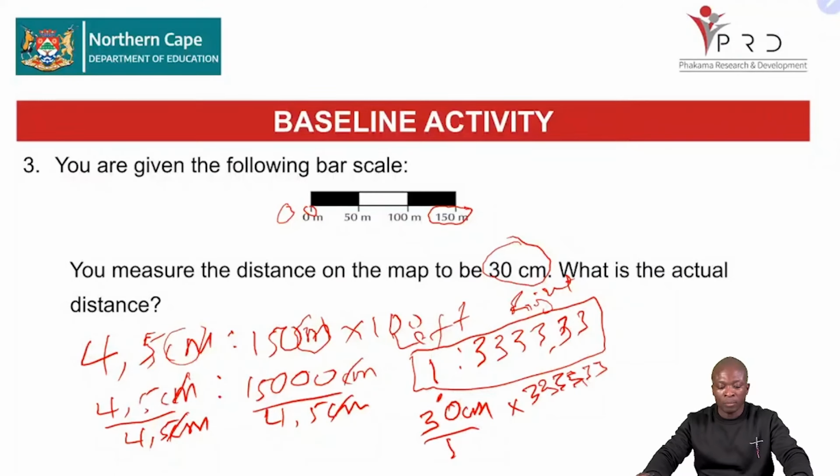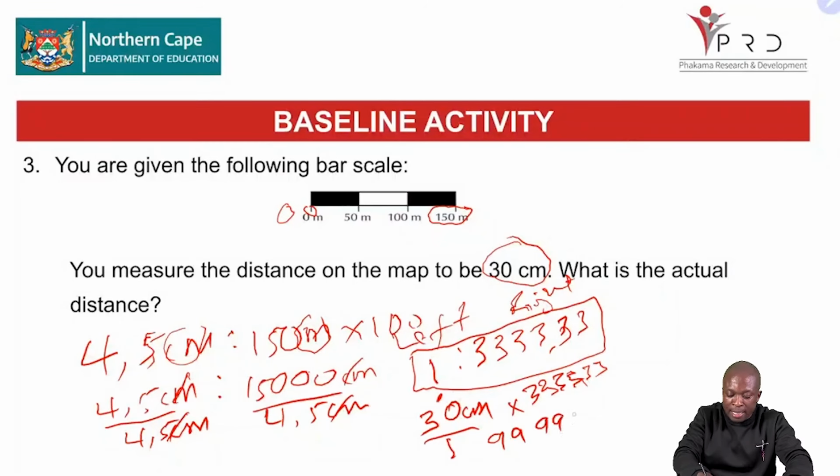3,333.33. And what will be your answer? Let us work together. So we have 30 multiplied by 3,333.33. And that should give you exactly 99,999.9.